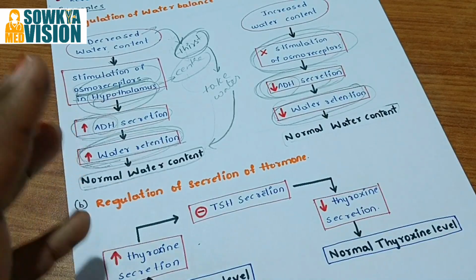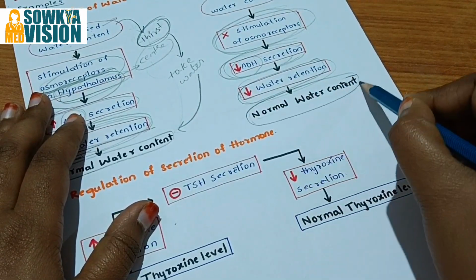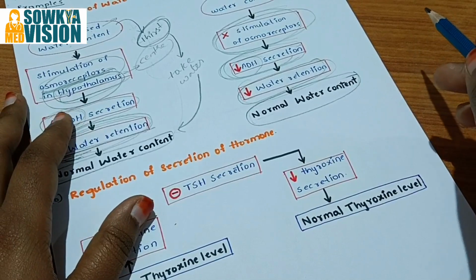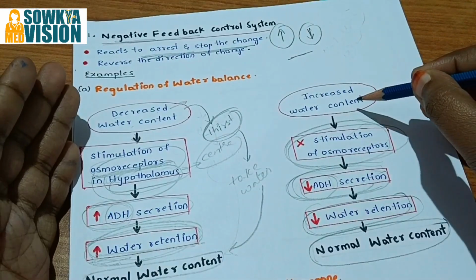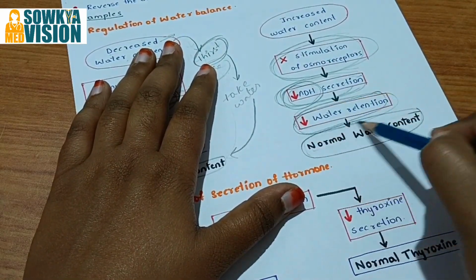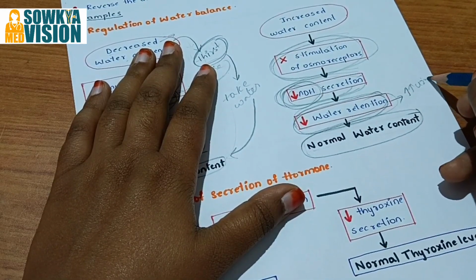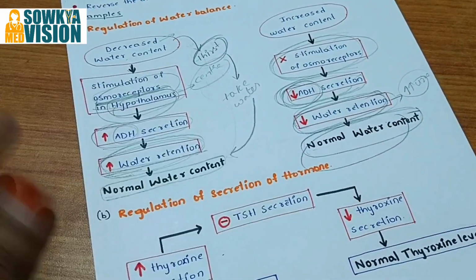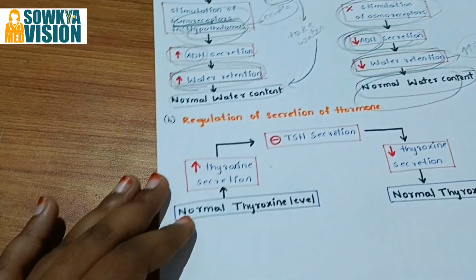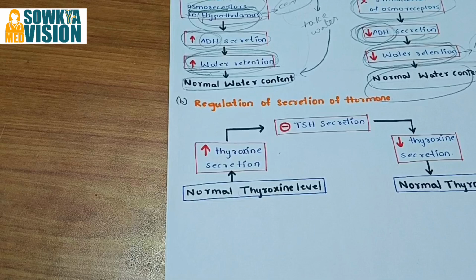More water is allowed out of the body. Then the water decreases in the body and reaches normal water content. See, when water level is increased, there is decreased ADH secretion, decreased water retention, more water in the urine, and normal water content is achieved. Homeostasis is achieved.